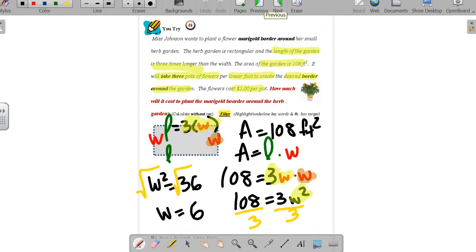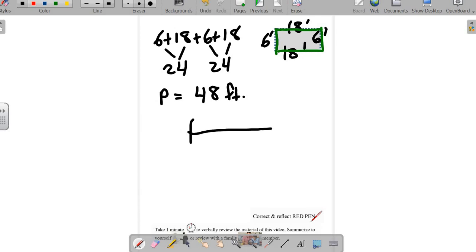We're told in the storyline it takes 3 pots of flowers for each square foot. So for every square foot, we need 3 pots of flowers. That's my attempt at flowers.